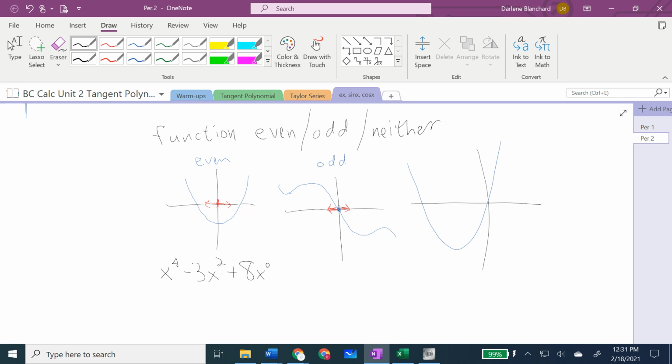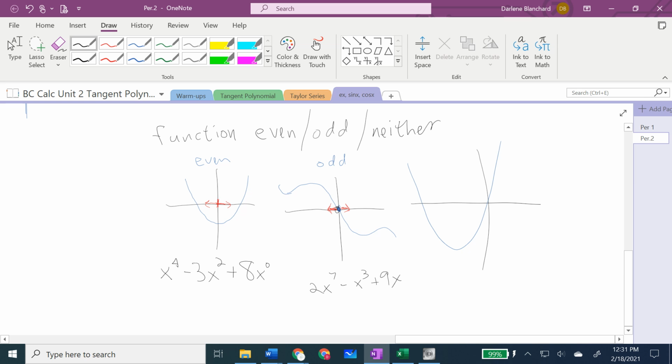When you have a polynomial that is an odd function, it has only odd exponents, and it can't have a constant term because it's got to go through 0. So an example would be, let's do 2x to the 7th power minus x cubed plus 9x.